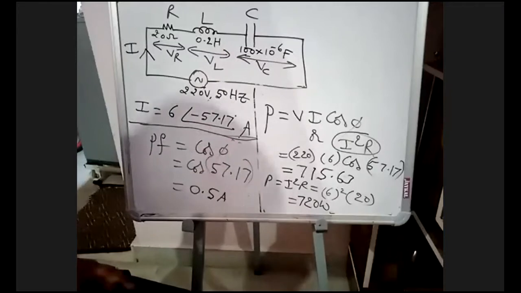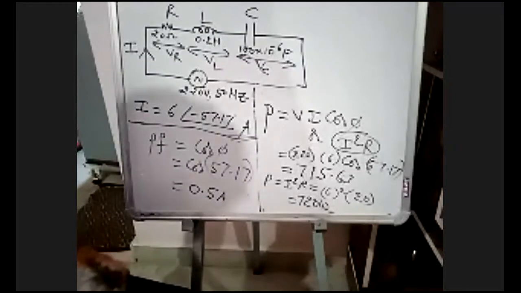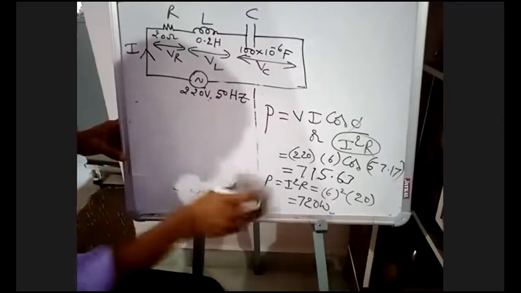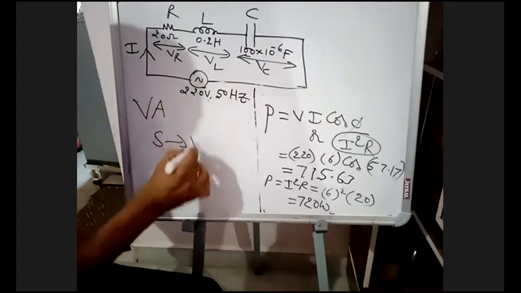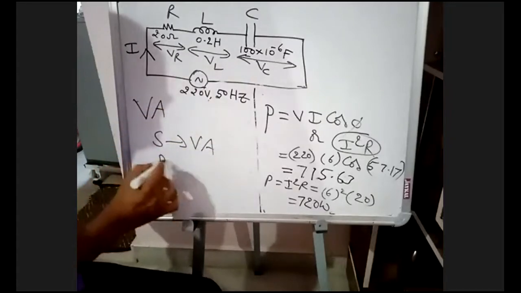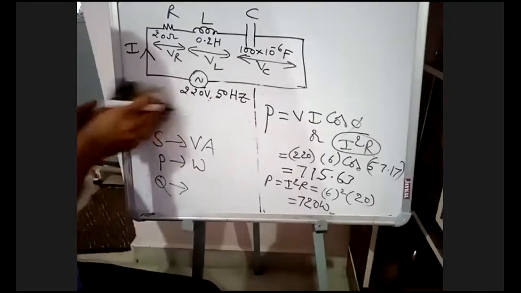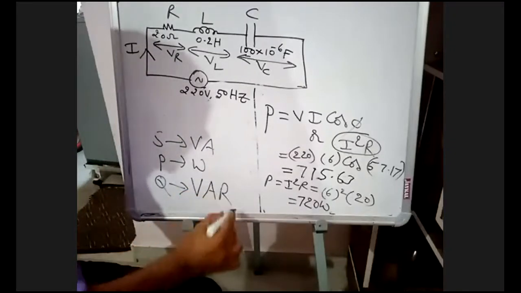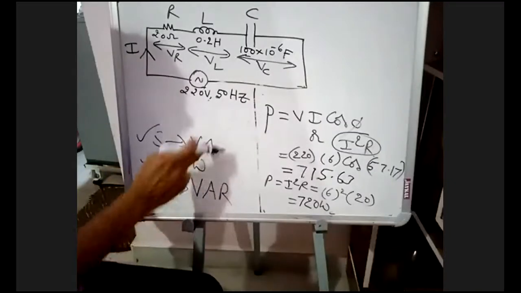Power in watt and also power in volt ampere. What is the unit of S? Volt ampere. Unit of P is watt. Unit of Q is VAR, volt ampere reactive.